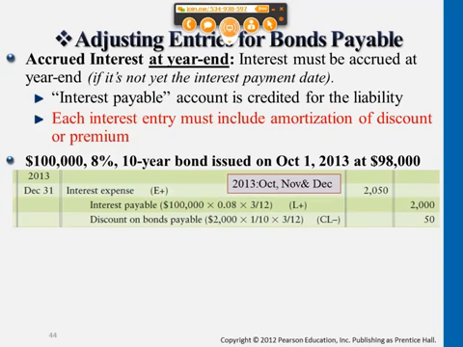So this is the interest that we owe to bondholders, but since it's not the pay date yet, it's just considered payable, not cash. Always, at the time when we adjust any part of the interest, we also take care of discount on bonds payable. In this case, we only amortize discount on bonds payable for 3 months, for $50 only.